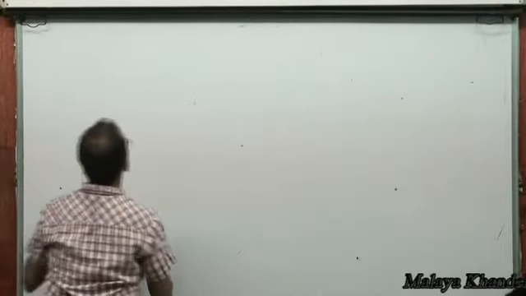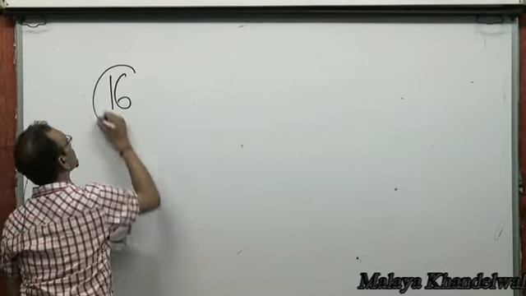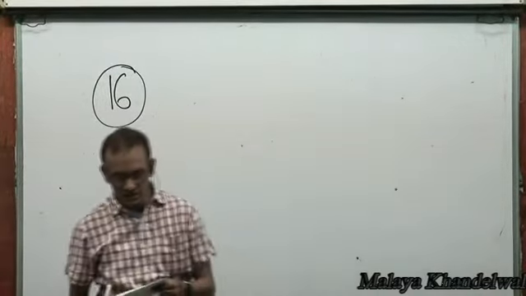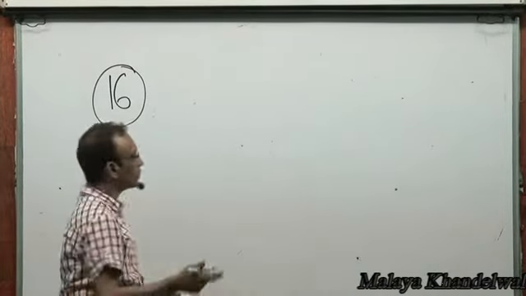Number 16 then. A positive charge is distributed over a circular ring of radius a. Okay.